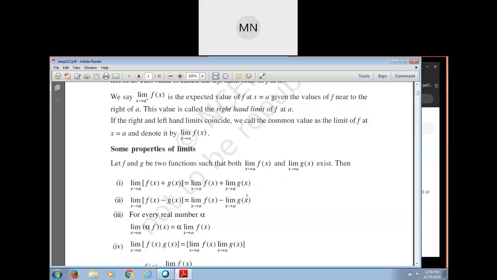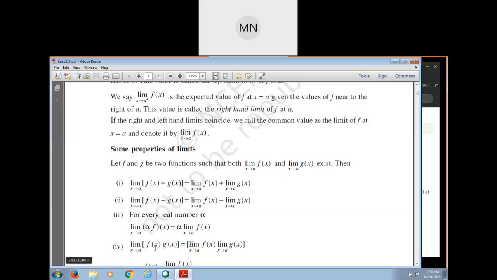Okay. Similarly, the second property, for subtraction, says that limit x tends to a of f of x minus g of x equals limit x tends to a f of x minus limit x tends to a g of x. Then the third property says that if we consider a real number alpha, then limit x tends to a alpha f of x equals alpha times limit x tends to a f of x.